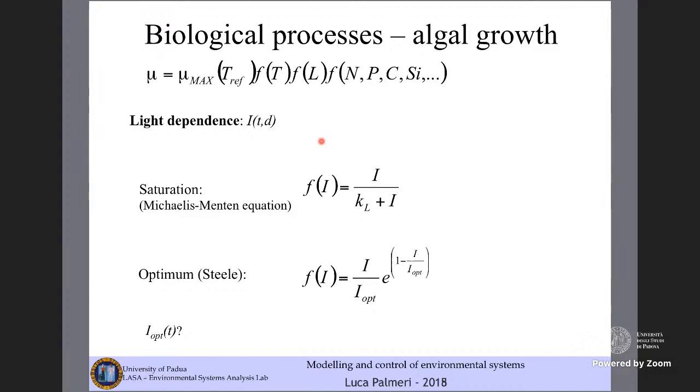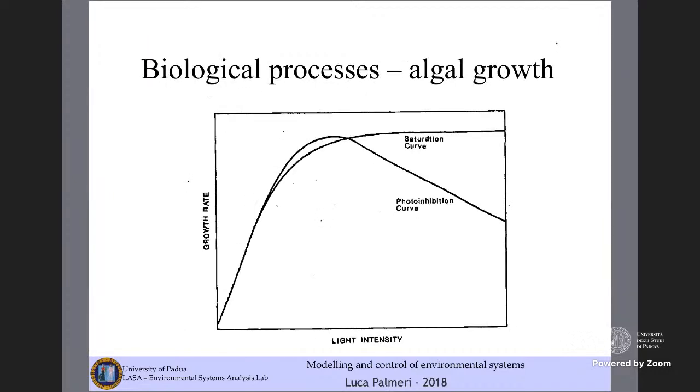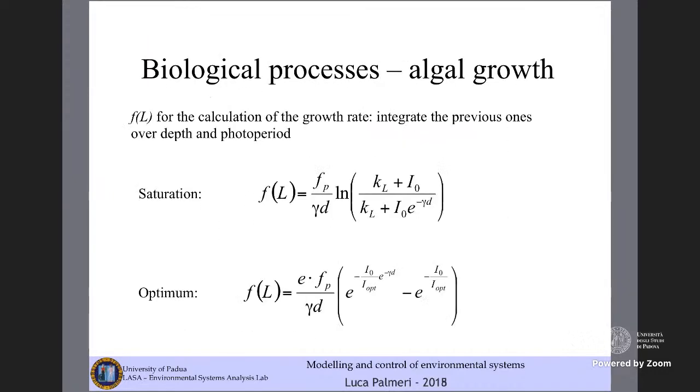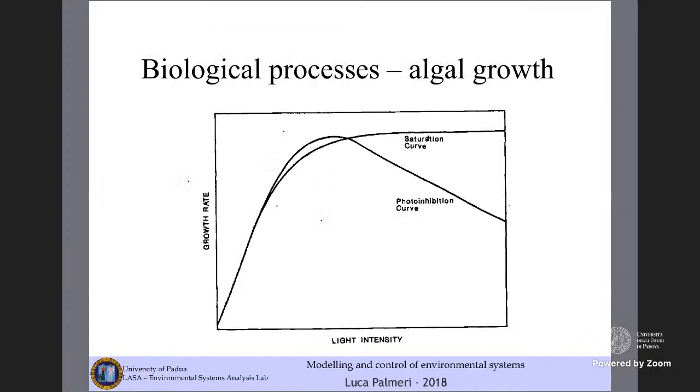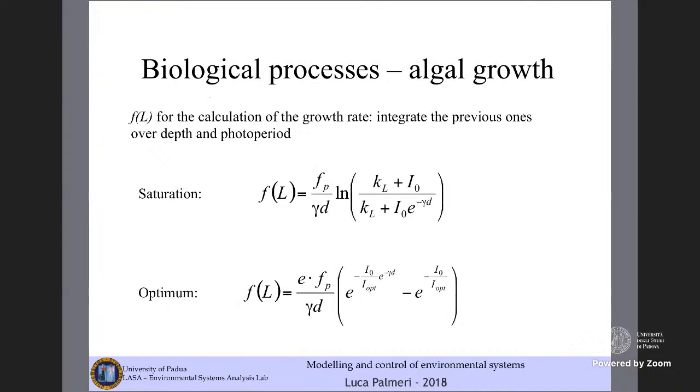This means that if you want to obtain the limiting effect on the whole depth of the water system, and over the whole time of the day, then you will have to integrate this limiting function on the vertical in order to account for the different limiting effects due to different depths. And you also have to integrate this over the photoperiod.